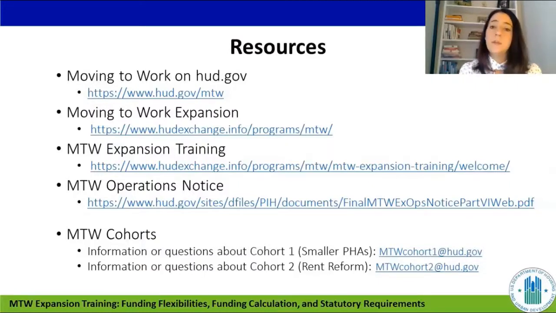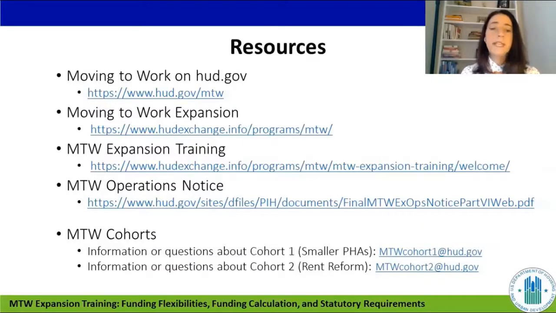And then there's the operations notice itself, which quite frankly, I really encourage you to become very familiar with, to print it out, especially Section 6. We have the pretty version on our website, which is basically the same information that's in the Federal Register, reformatted so that it's more easily presented and more easily read.